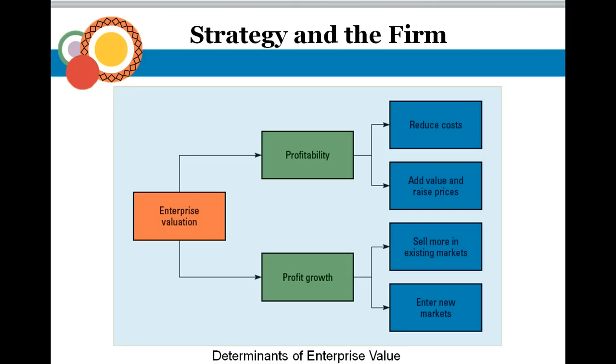So anyway, in this chart, we can see that we have the enterprise valuation, profitability, and profit growth. Now, profit growth is going to generate from entering new markets and selling more in existing markets. So we can grow total profits by selling more, and we can increase the profitability by reducing costs and raising prices.